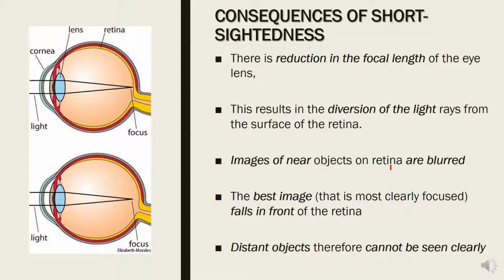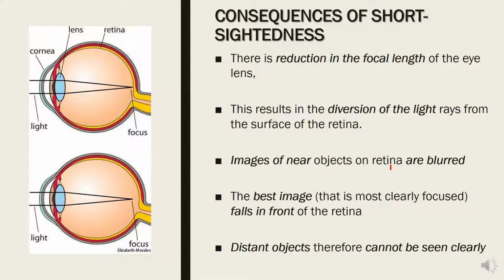So because those exist within your eye, this is what's going to happen. Ideally, if we look at the diagram at the top, your light rays are coming in, they go past the cornea and the lens, they're refracted, and they fall on the retina, which is the point of focus, and an image is formed.